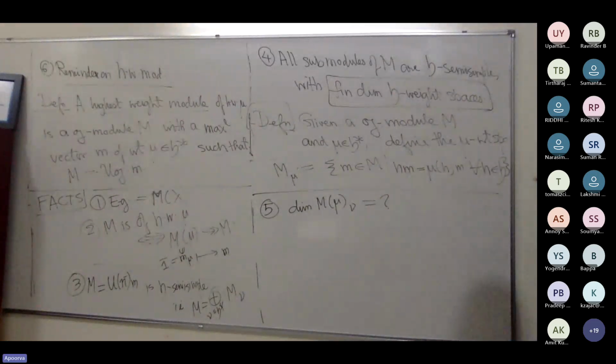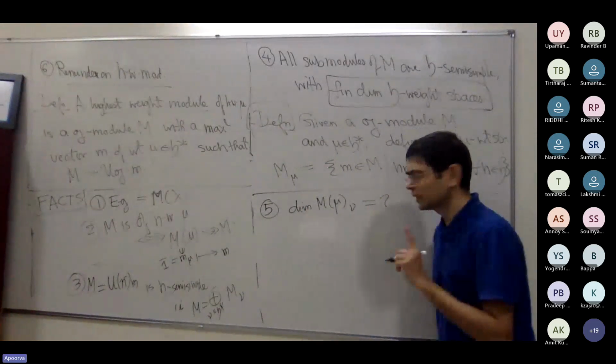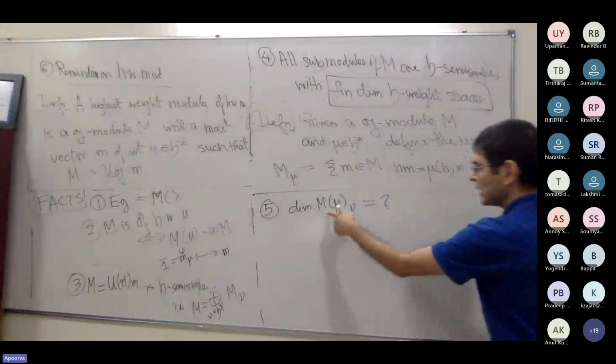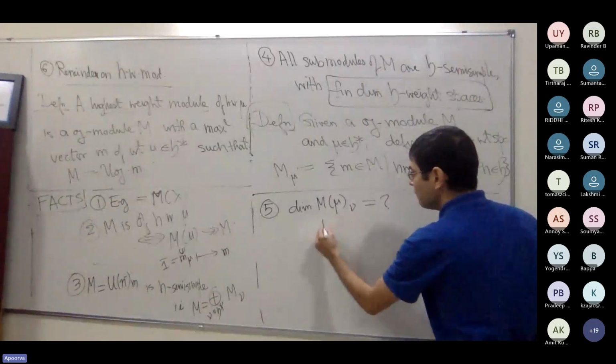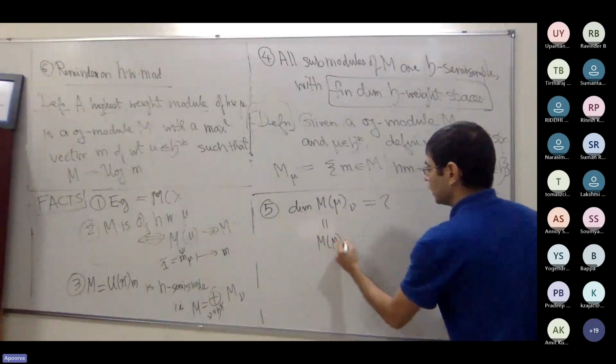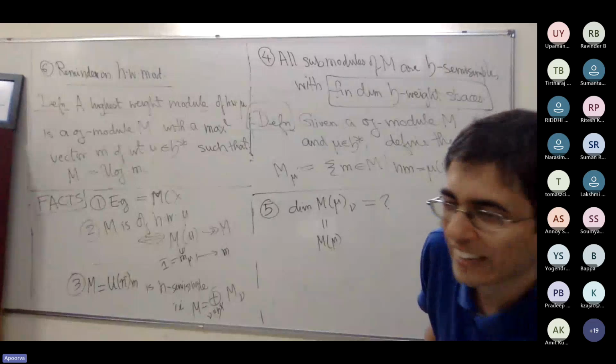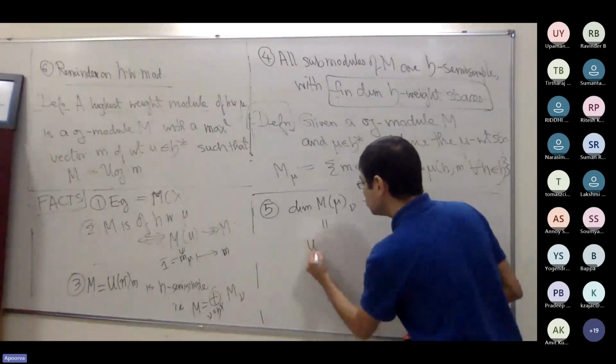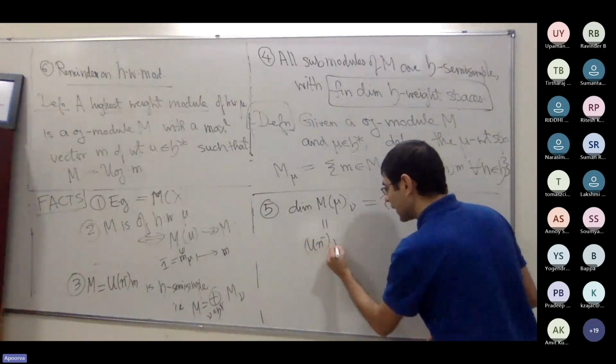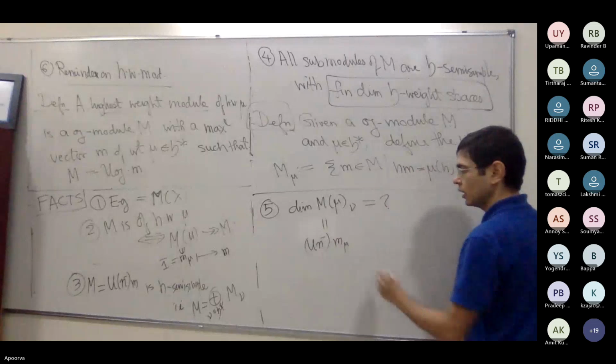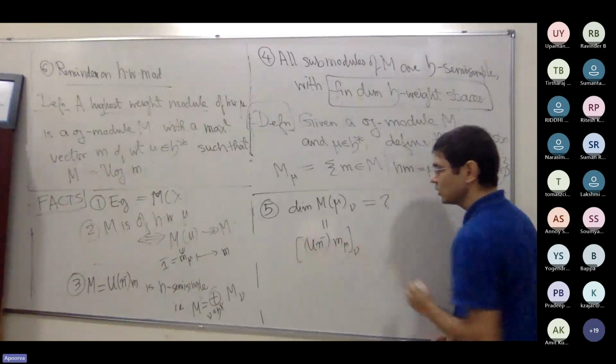What is this dimension? And this I think Ravinder also did. The point was to write what M mu is. M mu is U n minus applied to M lambda, and here I want to understand what is the weight nu.